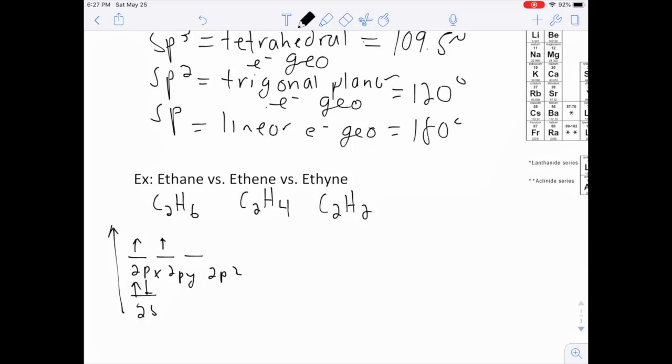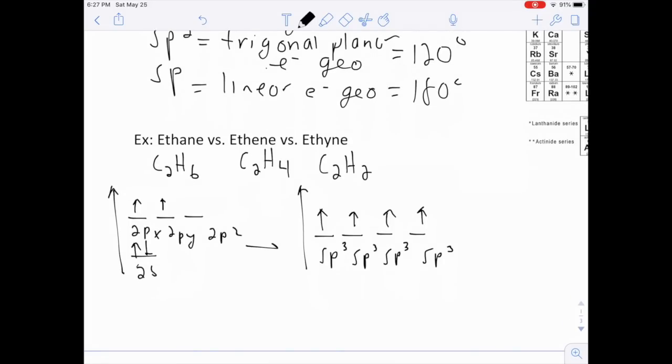And what happens with ethane is that all three of these p orbitals and the s orbital are going to hybridize to form four equivalent sp3 orbitals. Each has 1 electron, so this carbon can form 4 bonds. So that's what ethane is going to look like.